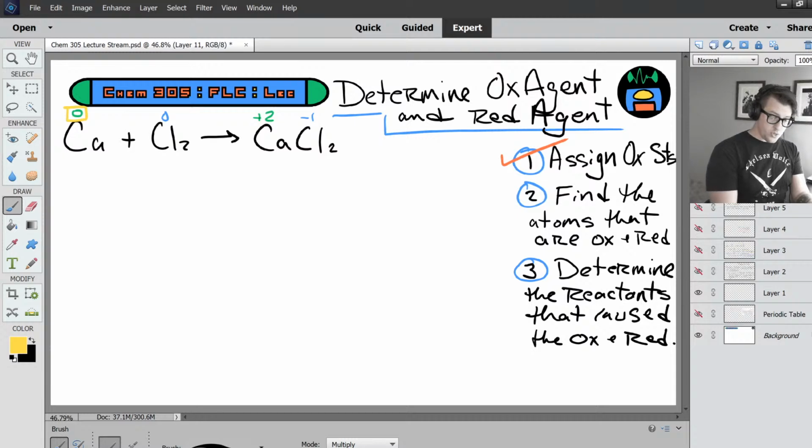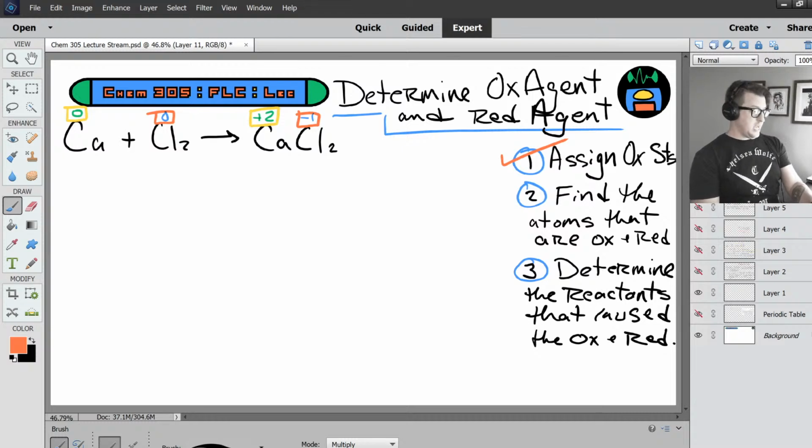Calcium starts at 0, ends at positive 2, so that's a change. Chlorine starts at 0, ends at negative 1, so that is a change. Once you've found the atoms that experience changing oxidation states, then we can determine who's oxidized and who is reduced.